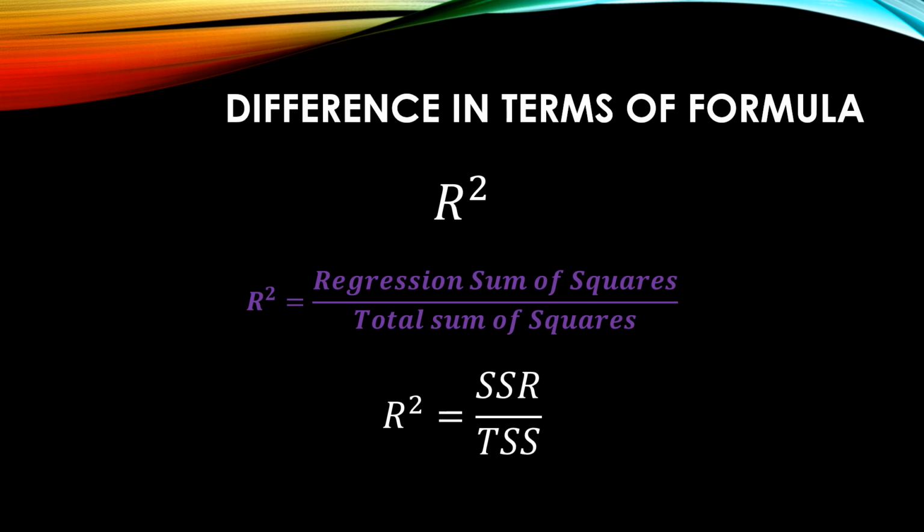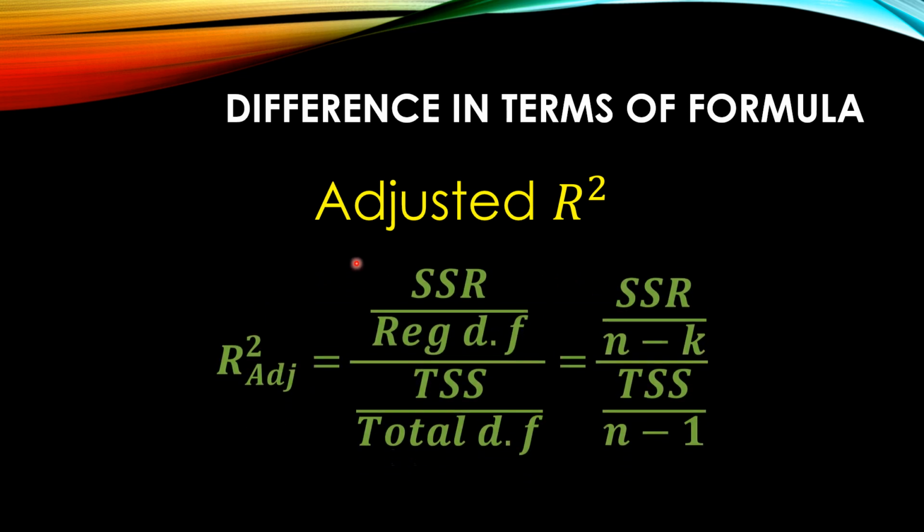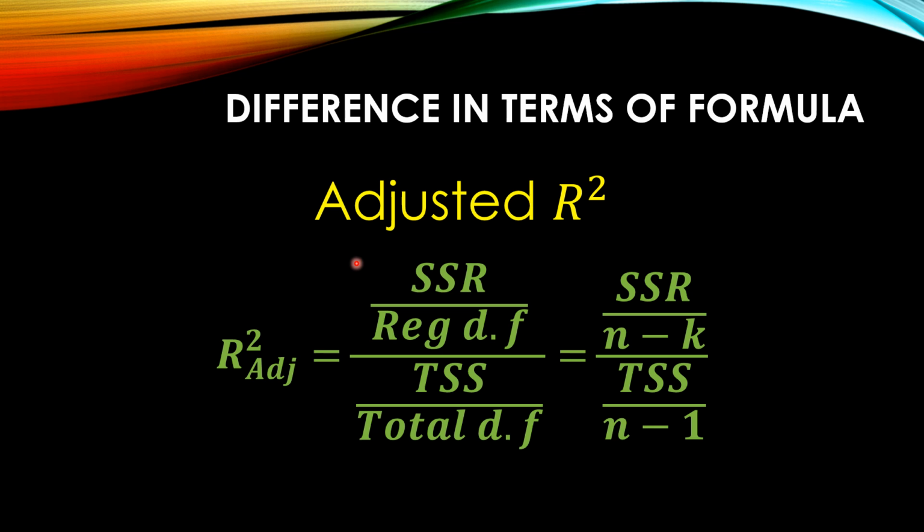First of all, R square. The R square is the ratio of regression sum of square to the total sum of square, that is SSR over TSS. Whereas adjusted R square is not only the ratio of sum of square of regression and total sum of square, but each sum is adjusted with their respective degrees of freedom.